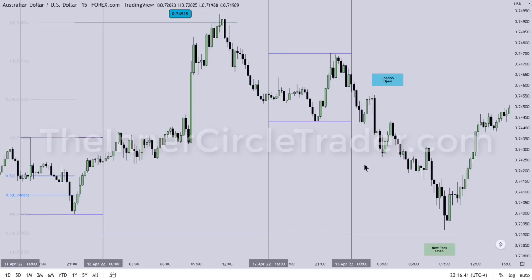And then we have the element of the London Open price action. So we want to get some measurements on this trading day that would give us the objectives for that fair value gap. So at 2 o'clock in the morning, it trades up into that fair value gap there, and we're expecting price to trade down. How far? Well, obviously, we're going to look for it to go below there.